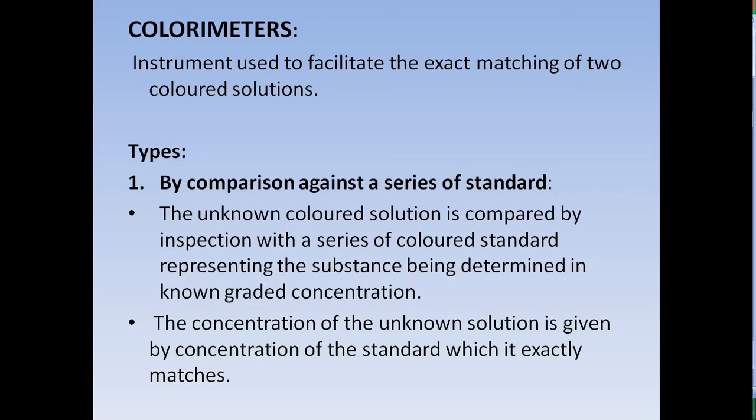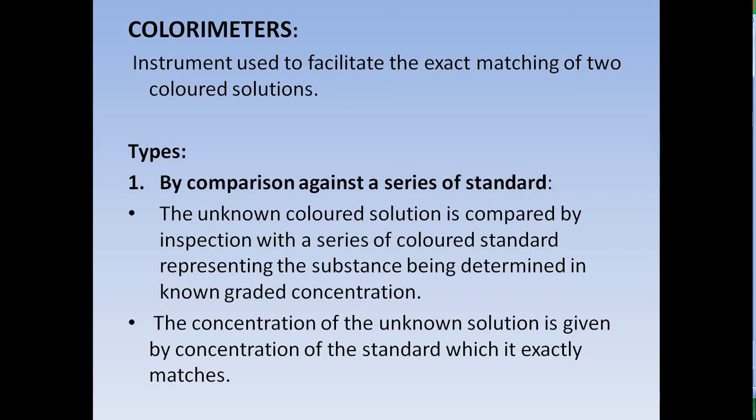Types of colorimetry. The first one is by comparison against a series of standards. The unknown colored solution is compared by inspection with a series of colored standards representing the substance being determined in known graded concentration.